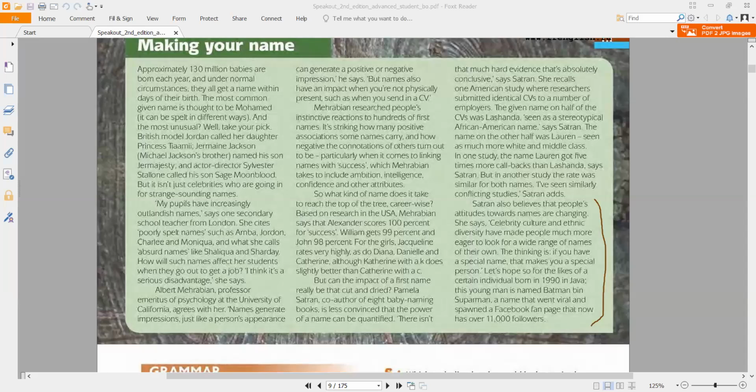And here they mentioned a funny example in the end, that in 1990 in Java, there was a young man called Batman Ben Superman, and now he's very famous, with 11,000 followers. Okay, interesting. So I'm interested to hear what your opinion is about all of that. Do you agree? You don't agree? What do you think about all of that?